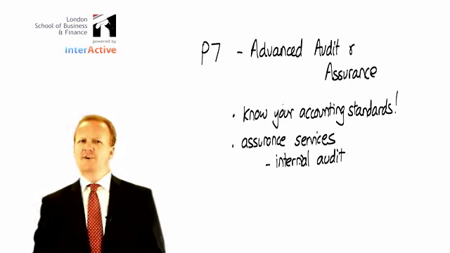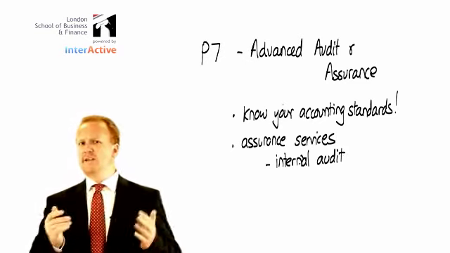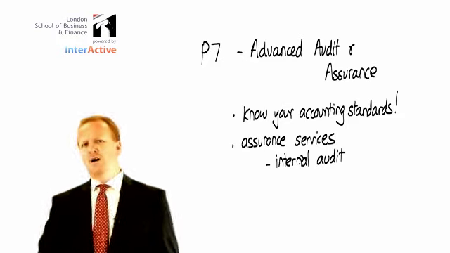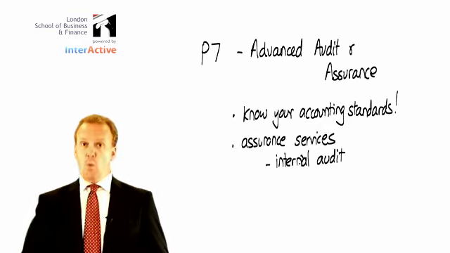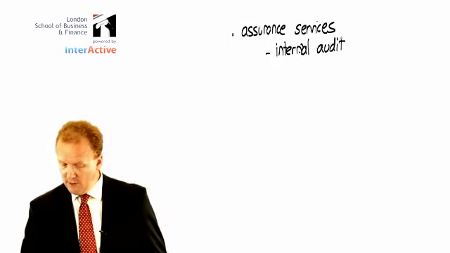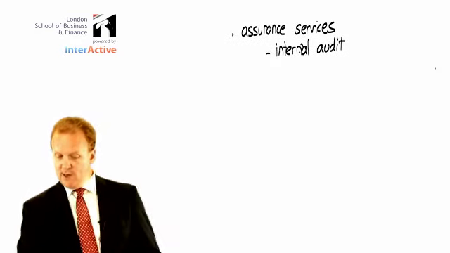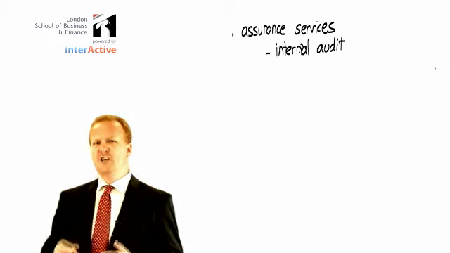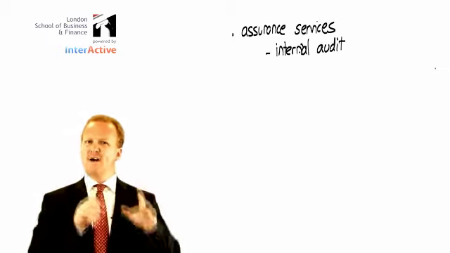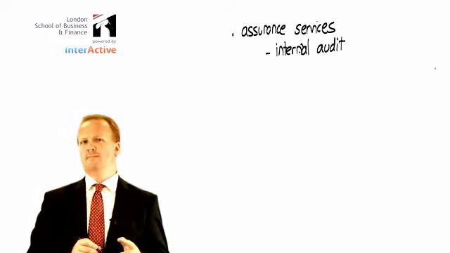So apart from internal audit, which you have studied a bit on F8, what other assurance services might come up on this exam? Well, as you may well be aware, if we look at what happens in a company's annual report, we don't just get published financial figures anymore, do we?